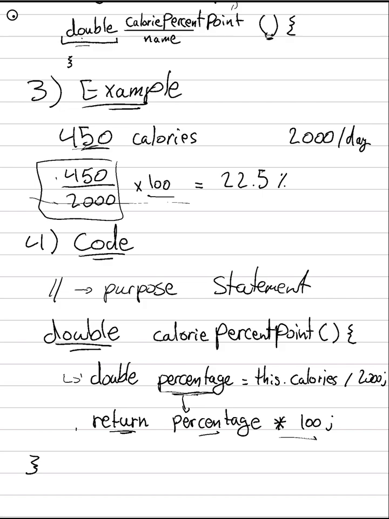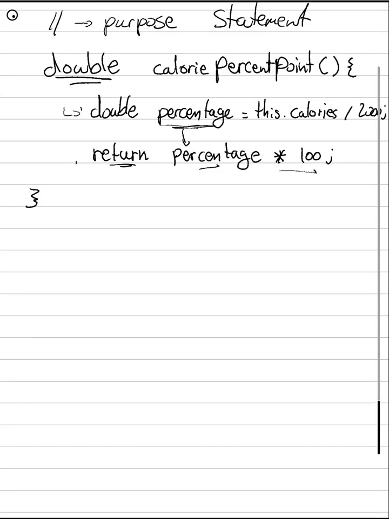Exactly. Excellent. Okay. Now, one thing you might notice is this method only works if your daily calorie intake is 2,000. However, for example, you or Fawn will have a different daily calorie intake. You might have around 3,000, let's say, correct? Yes.